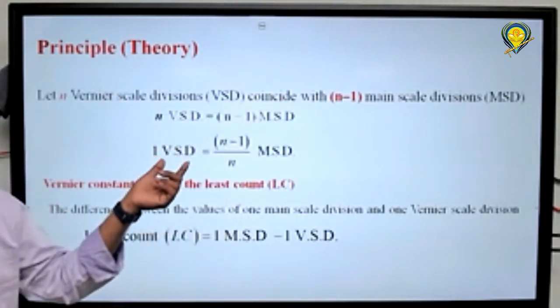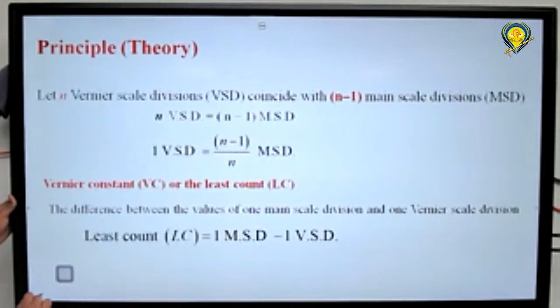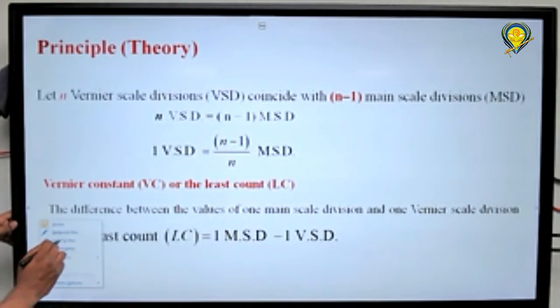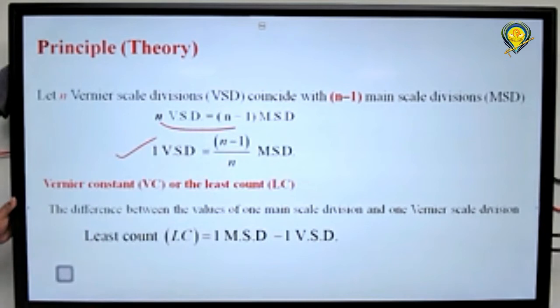Then one vernier scale division is how much? Take this n to this side. Then one vernier scale division equals n minus 1 by n into main scale division. We need to change this equation based on the given question.